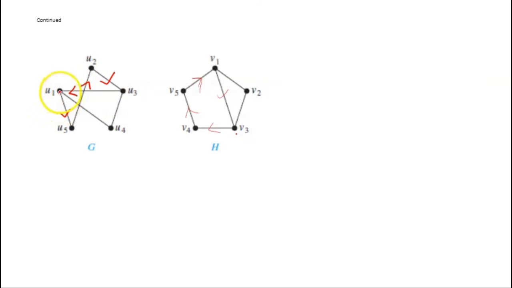I repeat it, U1 to U5 length 1, then U5 to U2 length 2, then U2 to U3 length 3, and then U3 to U1 length 4. So here also we have a circuit of length 4, and in the other graph also we have a circuit of length 4. So we have a circuit of length 3 in both the graphs, a circuit of length 4 in both the graphs, and a circuit of length 5 in both the graphs.